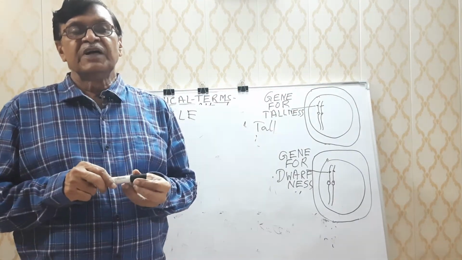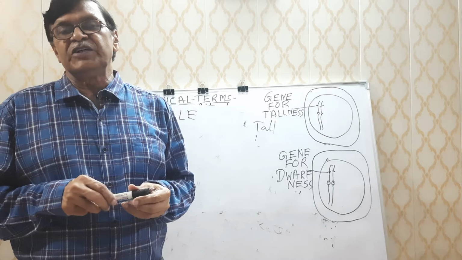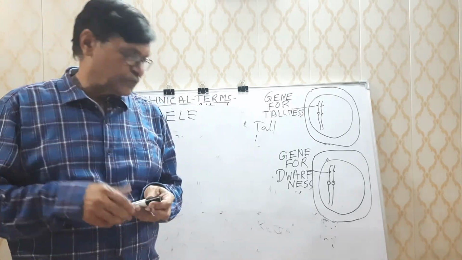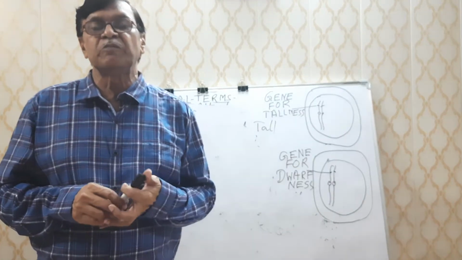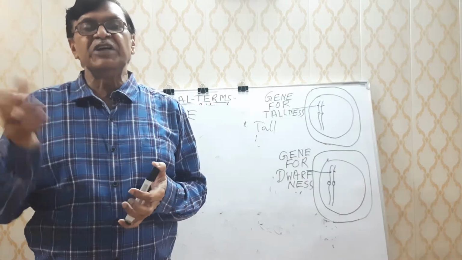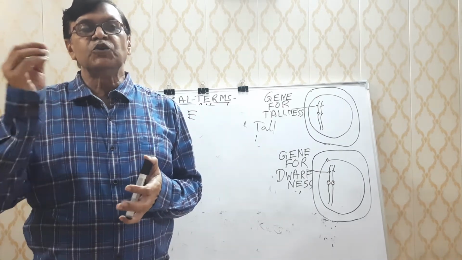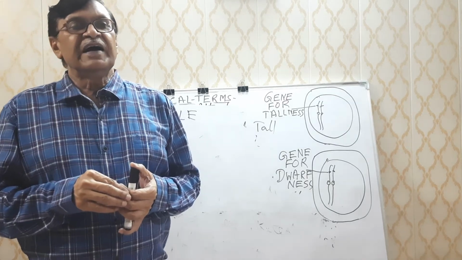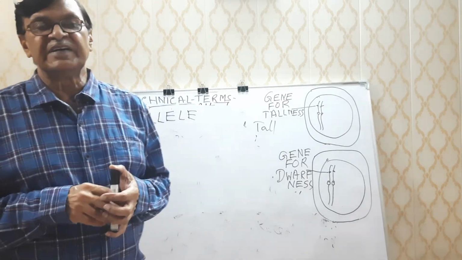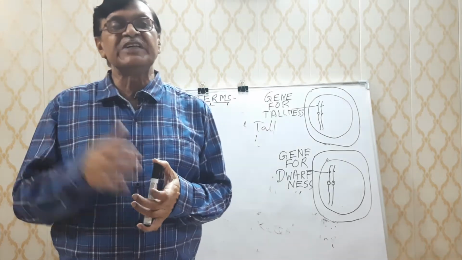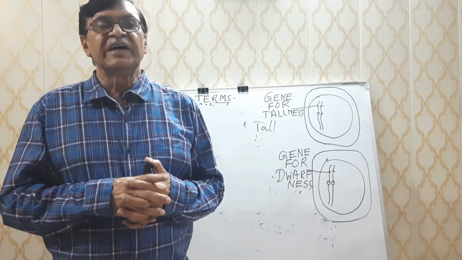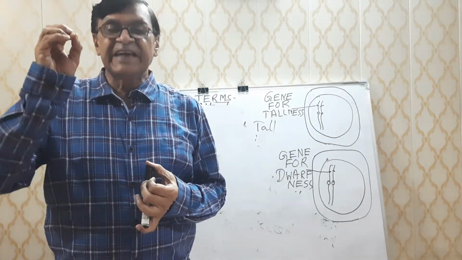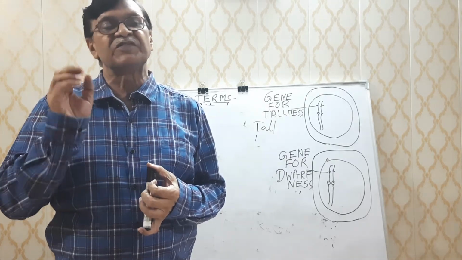We can also make an analogy. Suppose we visit a picture hall to see a movie, and in the evening show, 6 to 9, you get seat number 27 of the balcony, and in the night show, 9 to 12, I also visit that picture hall and get the ticket for that same seat, number 27 of the balcony.